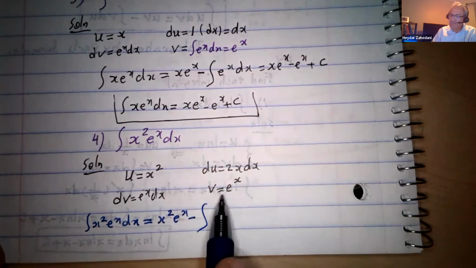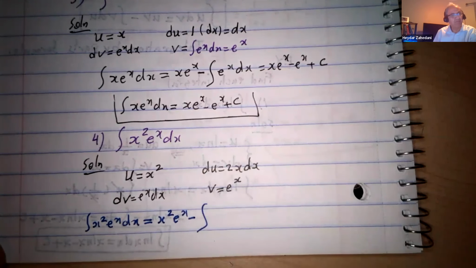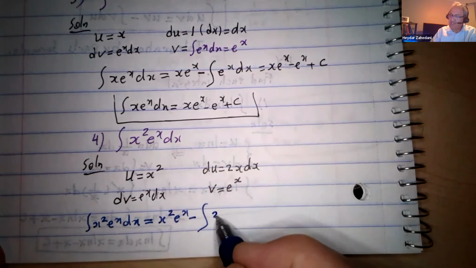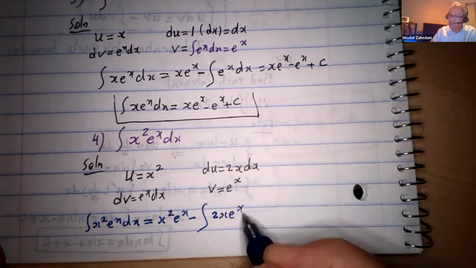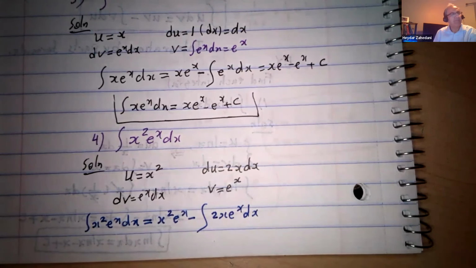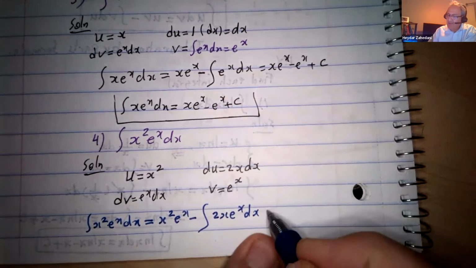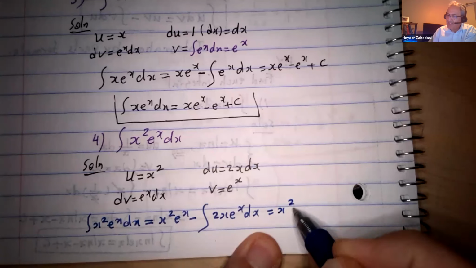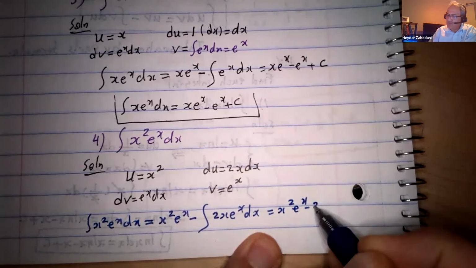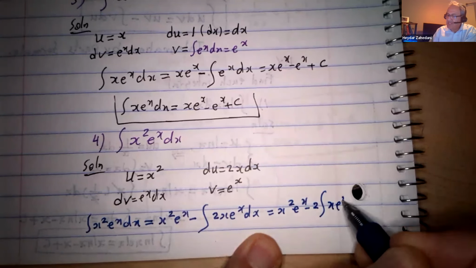Minus integral of v times du, so it's going to be 2x e to the x dx. You see this one? You can pull out the 2 if you like. You pull out the 2, that gives you x squared e to the x minus 2 integral of x e to the x dx.